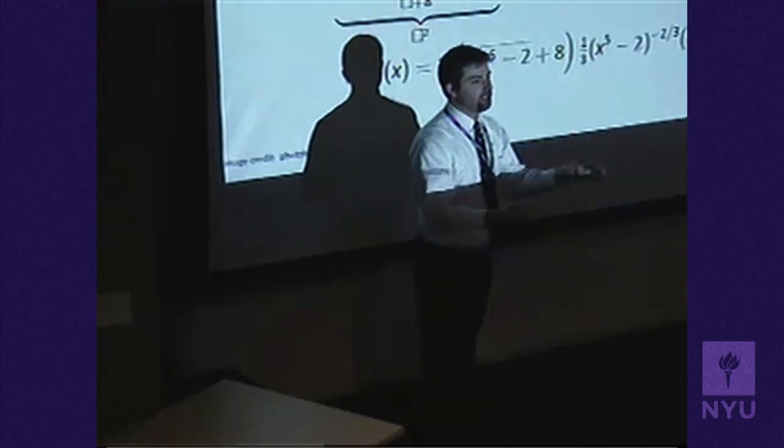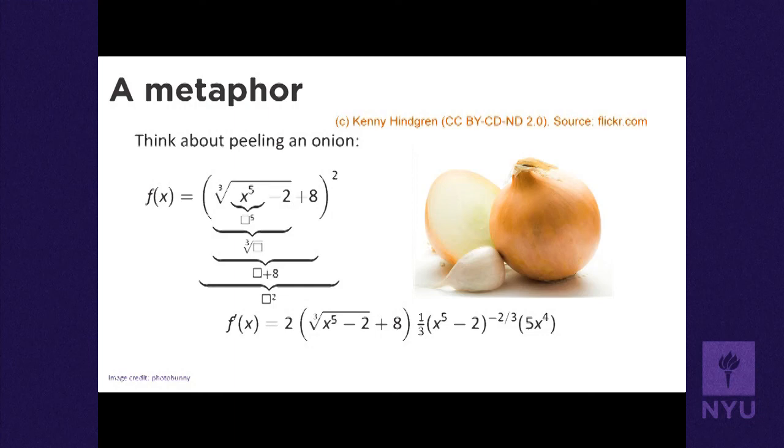And as you differentiate, you are unpeeling that onion. You're taking out that outermost layer, multiplied by the derivative of that layer, but you still have a layer inside. So here's the derivative of the outermost layer. Here's the derivative of the next layer. Here's the derivative of the next layer. And now you're actually done. Okay? So you work your way from outside to in, differentiating as you successively peel off these layers.